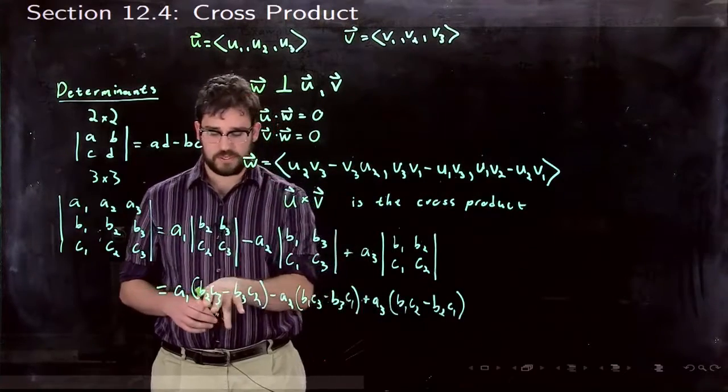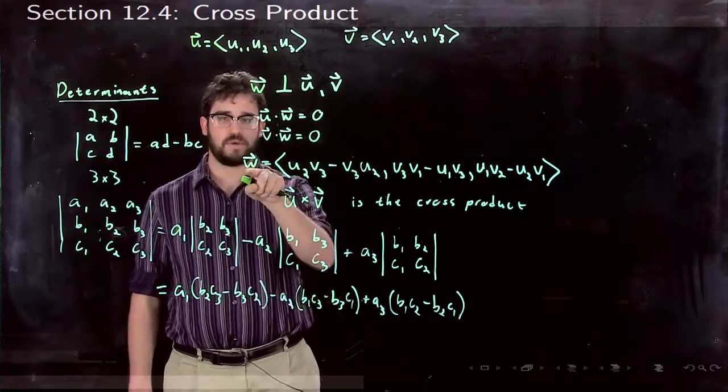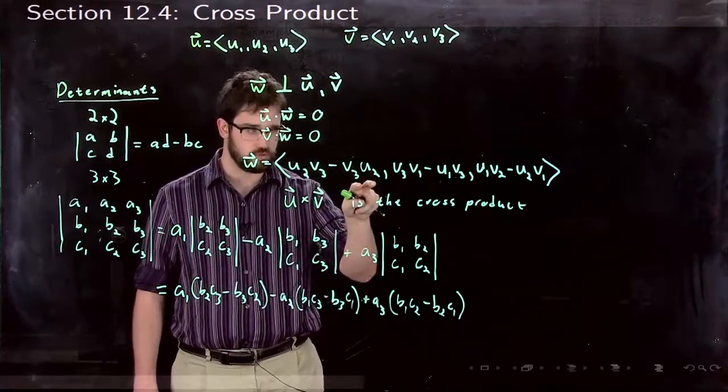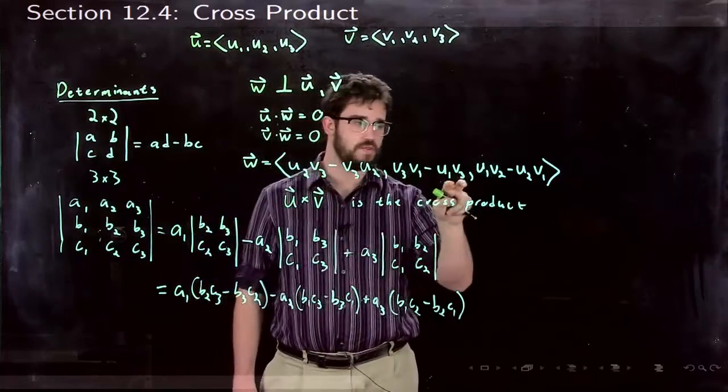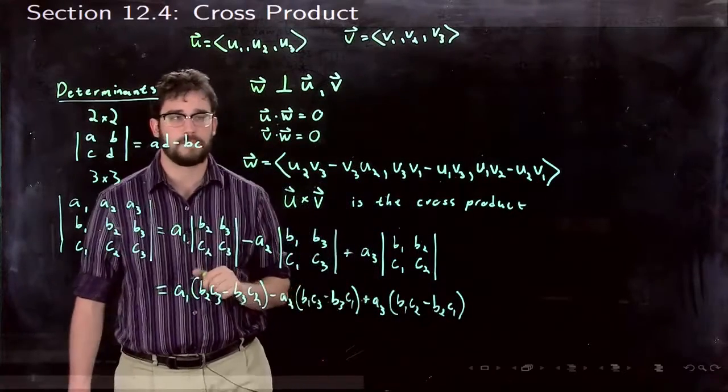Now, these 2's and 3's, this pattern should seem similar to how we found this w: 2 3, 3 2, 3 1, 1 3, 1 2, 2 1. Look at how that all matches up.